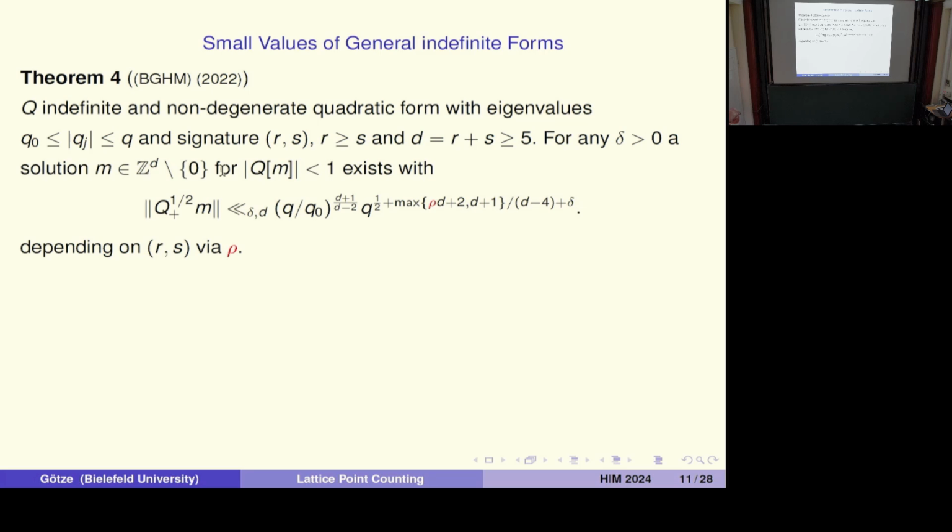And if there exists a solution, not meaning the trivial solution 0, what is the size of the smallest solution to this inequality in quadratic forms? And here you see, in terms of the maximum eigenvalue of the form, there is some complicated exponent and some quantity rho, and this rho depends on the signature.